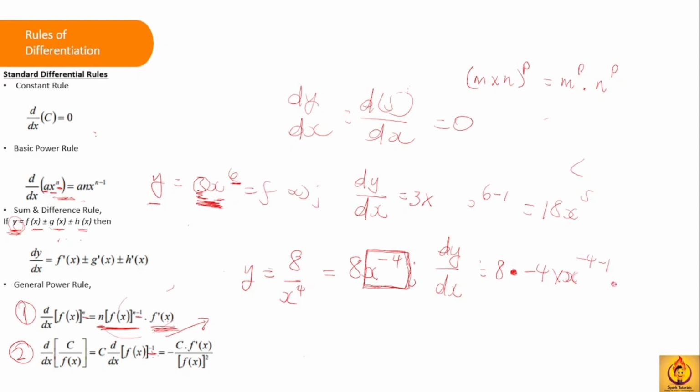And then you multiply it again. What are you multiplying it with? You are multiplying it with the derivative of our function. Remember, this is the same as this. So since it's the same as that, we want now the derivative of x. What is the derivative of x?